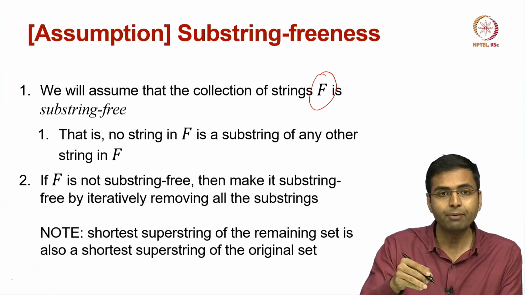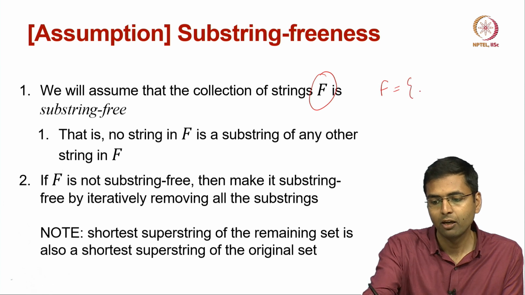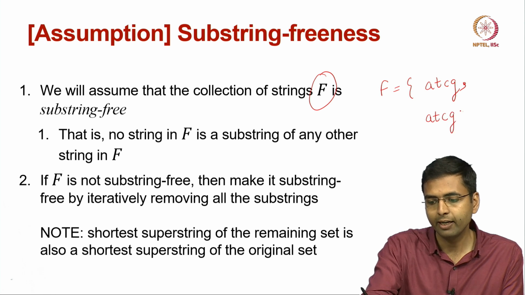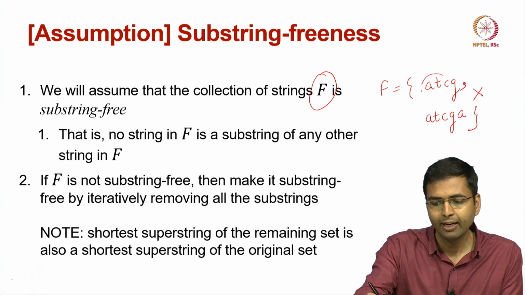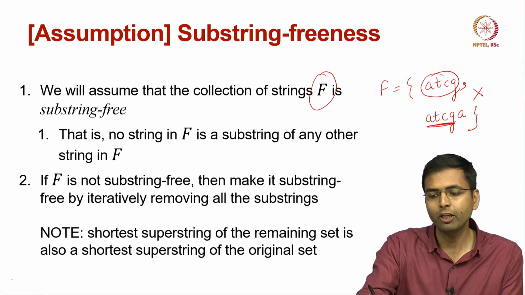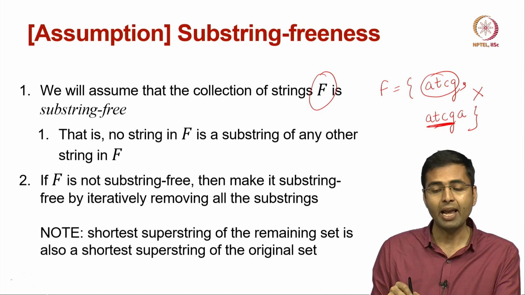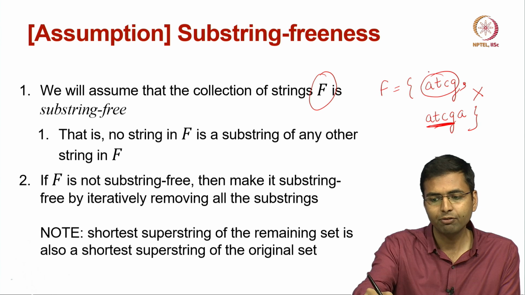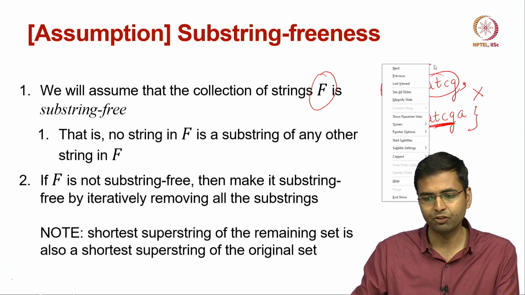For example, if f has a t c g and a t c g a, then this situation is not allowed, because here a t c g is a substring of the second string. So, we are assuming that f is substring free, that is, we do not have a string in f that is a substring of any other string.